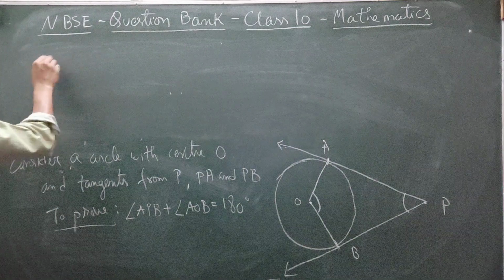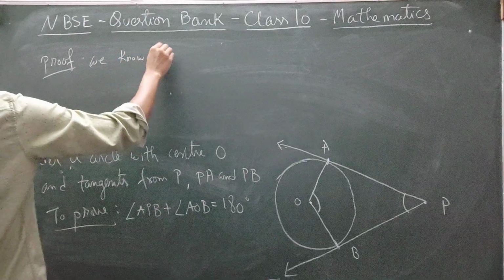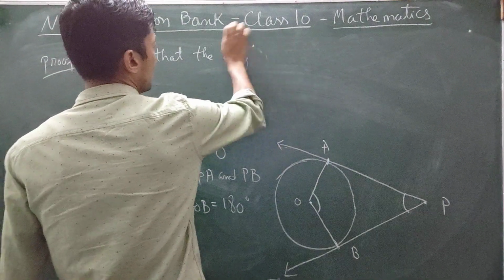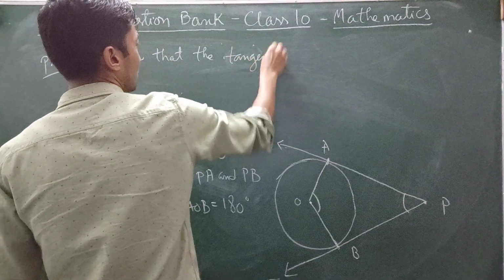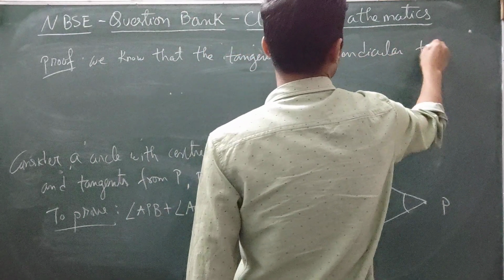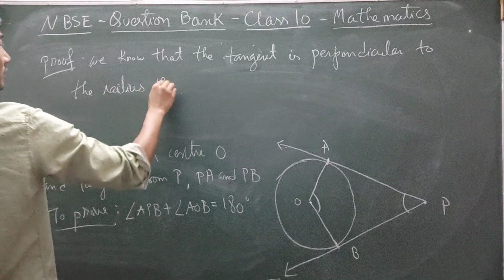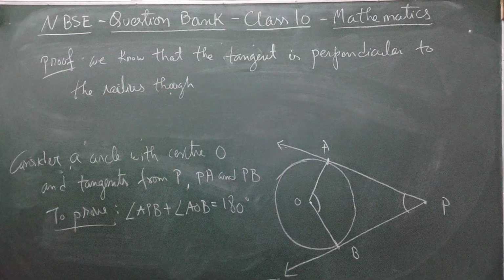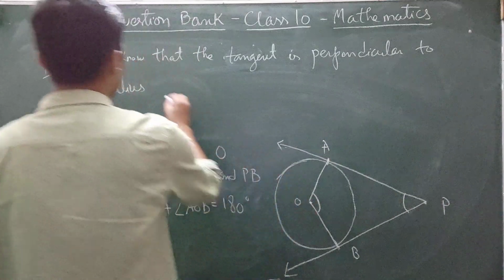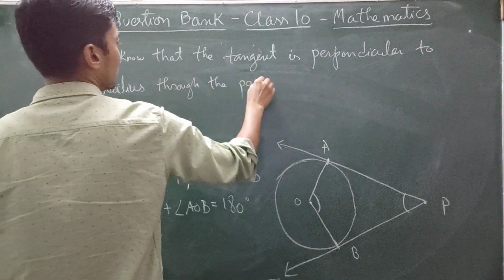Let's go for the proof part. What we know is that a tangent is perpendicular to the radius through the point of contact.